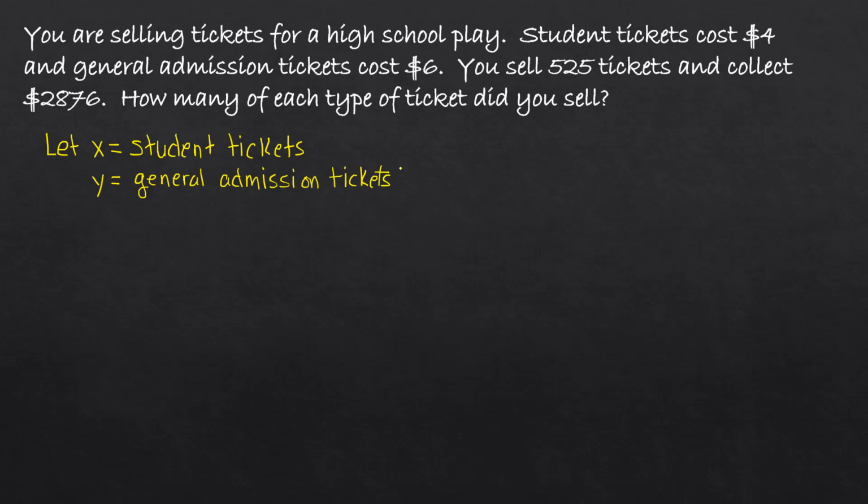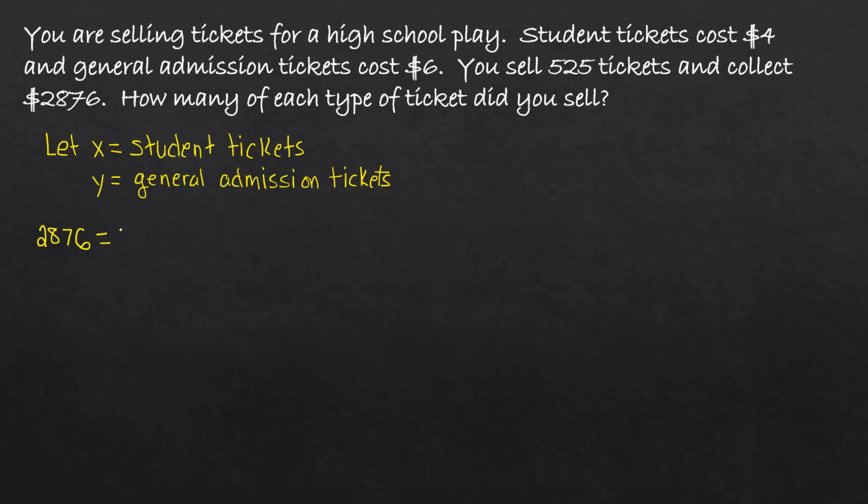Since I started looking at money first, I'm going to work with an equation that has to deal with that. So I know we have a total of $2,876. Where did that money come from? That's going to be the other side of my equation. Well, that money comes from selling student tickets and selling general admission tickets. Again, we're not sure how many of each type of ticket we have, but we do have the cost, and we can figure out how much money we've collected from each type of ticket.